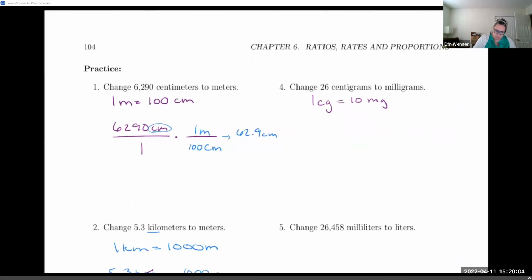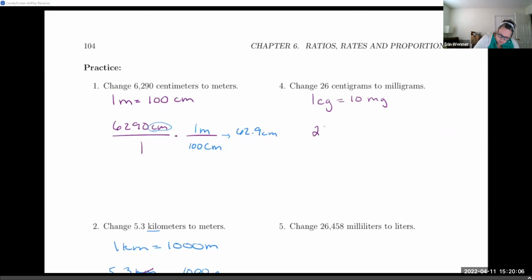So with our problem, we've got 26 centigrams and we want to convert it to milligrams. So we've got this equivalency, which again, we can write as 1 centigram over 10 milligrams, or we can write it as 10 milligrams over 1 centigram. And we have to decide which of these fractions to use, right?